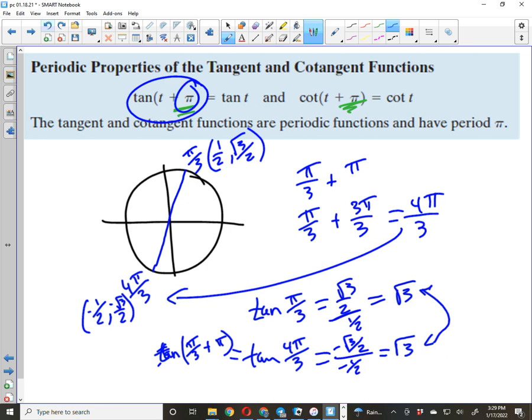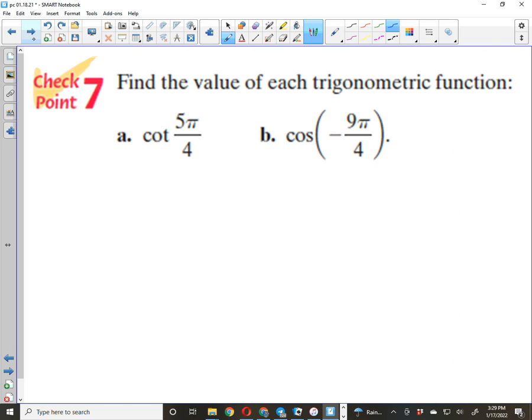And we can do this with every angle. They're periodic. Okay, so find the values of each of the trig functions. What happened here is, in this case, they're just looking for the answers.